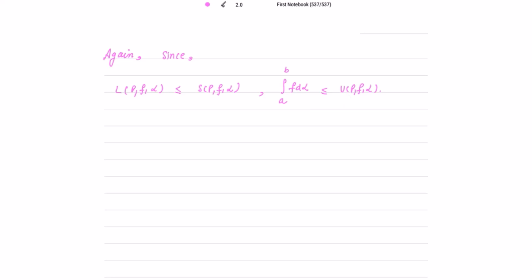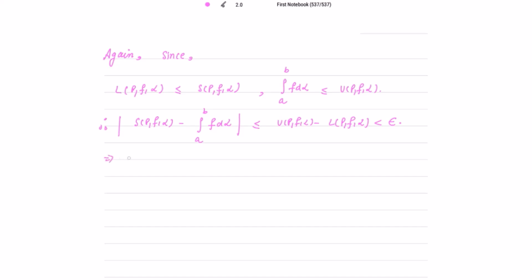Now again, taking the difference of the middle ones and the outer ones, if I take the modulus of S(P, f, α) minus this integral from a to b of f dα, because I know that the difference U(P, f, α) minus L(P, f, α) will be less than epsilon, taking this difference and then modulus, this is less than or equal to U(P, f, α) minus L(P, f, α), which I know is less than epsilon.